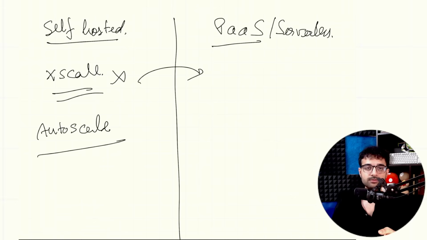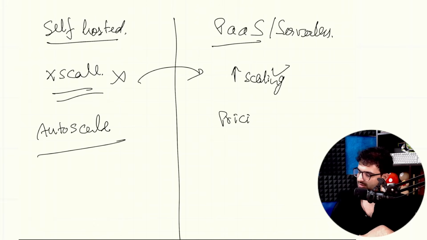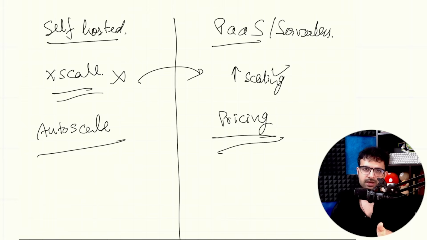On the other side though, if you're using a PaaS, it will auto scale very well. Scaling is not a problem over here because they handle it for you. What is the downside here? It's the pricing. It can get really expensive and pricing can be unpredictable, especially if you're under attack or have a lot of people visiting your website. There is no cap to how much bill you might have to pay.